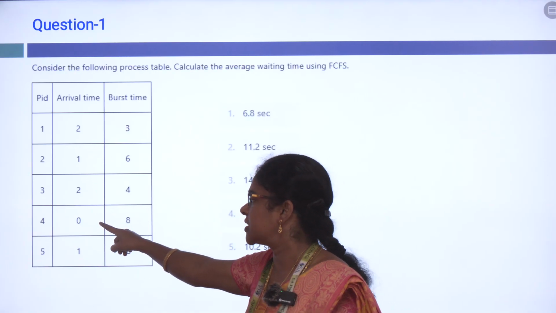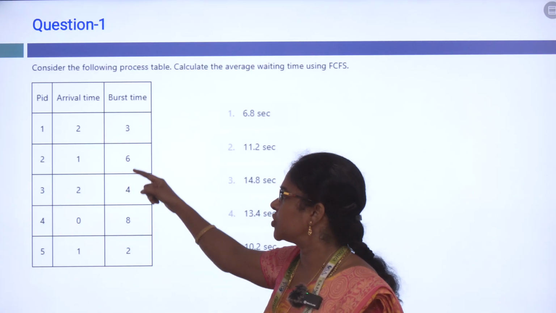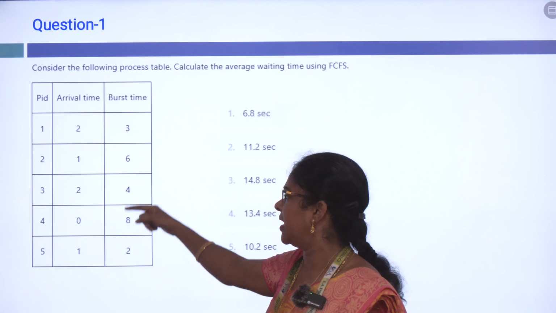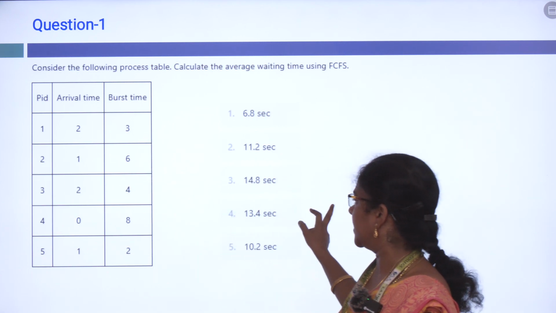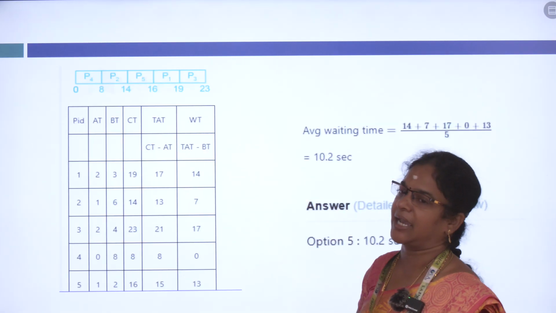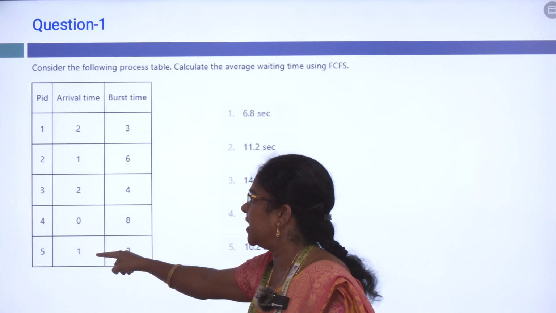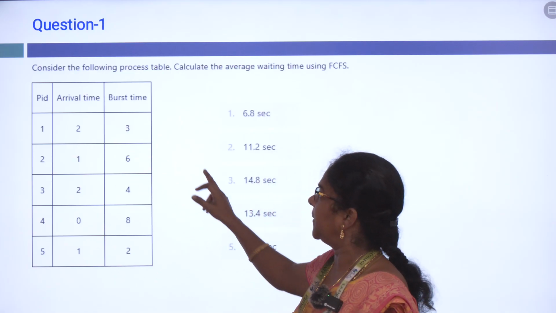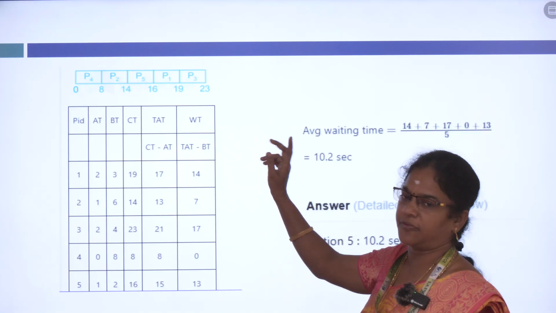Next 1, both are same, so we start P2, next P5, and next is 2, both are same, so P1 and P3. So this is the Gantt chart: P4, P2, P5, next P1 and P3.